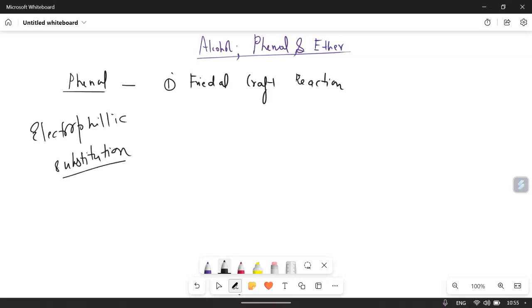Due to the presence of the OH group, phenol is highly reactive compared to benzene, and it follows the Friedel-Crafts reaction. Phenol is treated with CH3Cl in the presence of AlCl3.